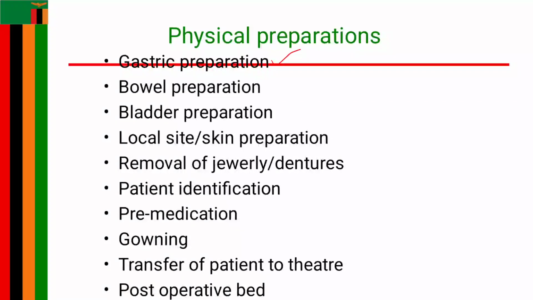And you talk about gastric preparation, bowel preparation, bladder preparation, skin preparation, removal of jewelry or dentures, patient identification, pre-medication, gowning, transfer of the patient to theater, post-operative bed, and of course the last heading is communication to the family.